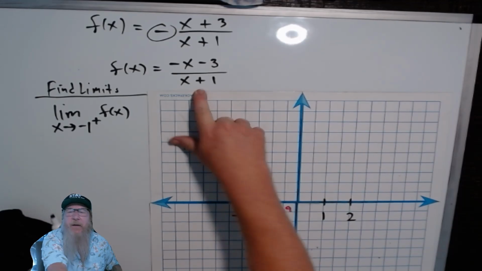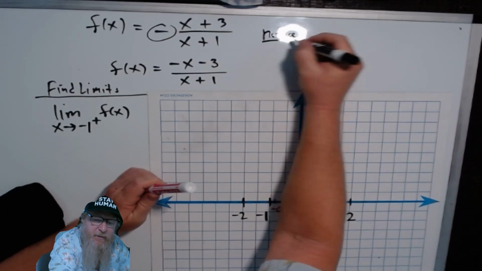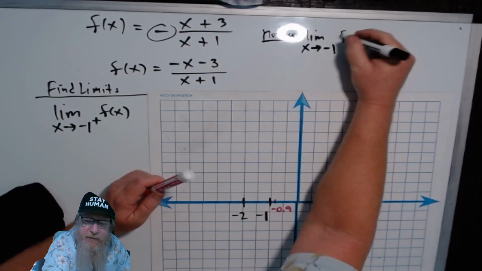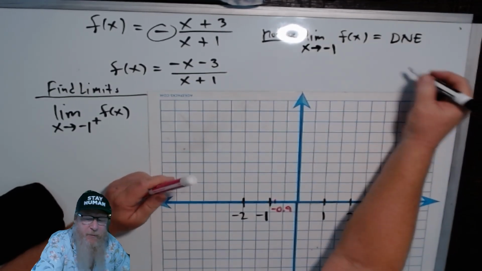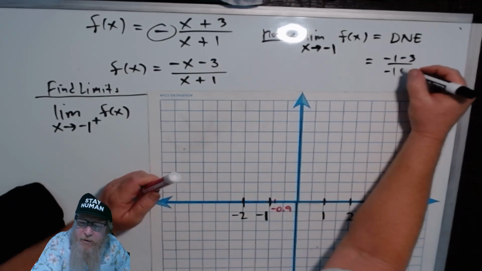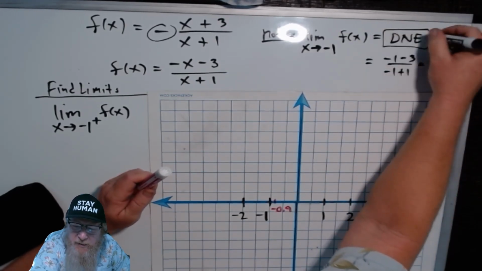So maybe I should notice the limit as x approaches negative 1 is DNE. It would come out to be negative 1 minus 3 over negative 1 plus 1, which is negative 2 over 0, which does not exist.